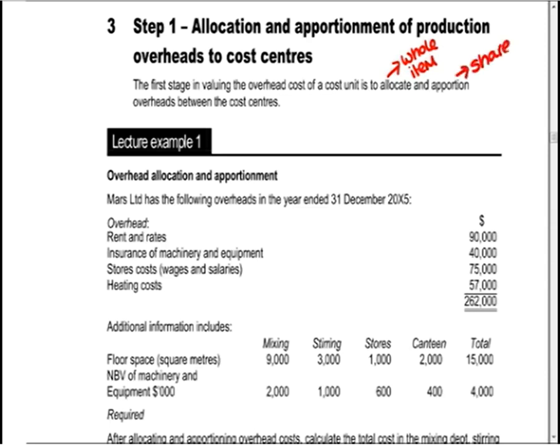We need to apportion some overheads when they're shared out between the different production and non-production cost centres. For example, rent, we might need to share out amongst different departments based on perhaps floor area. You'll be given information in the question which will help you decide the most appropriate basis to apportion.